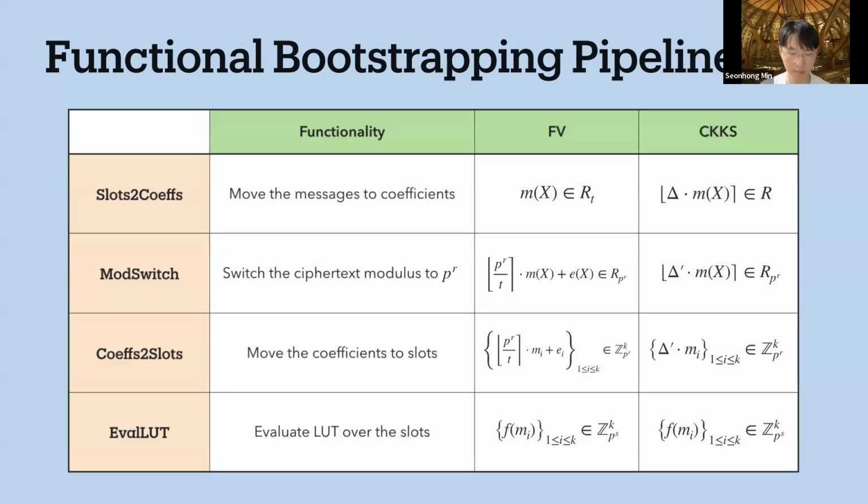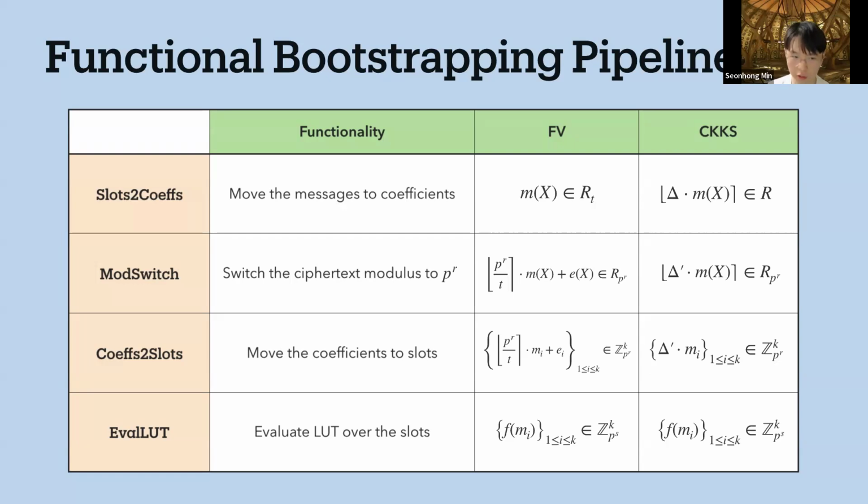So using this pipeline, we have the following table. Firstly, we have slots to coefs, then mod switch, then coefs to slots, and then eval-LUT. The only difference to the slim mode bootstrapping is that we have the eval-LUT step instead of digit extraction. During the eval-LUT step, we evaluate the LUT over the slots. For example, if we have an FV scheme ciphertext as the input, then during slots to coefs, we have some plaintext m(X), which has messages on the coefficients.